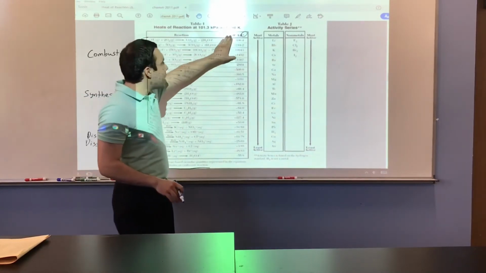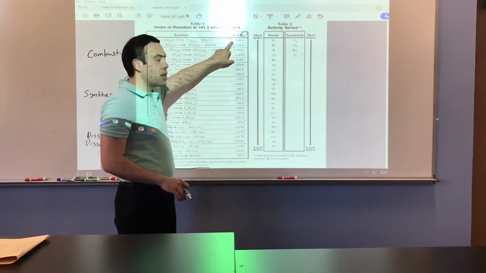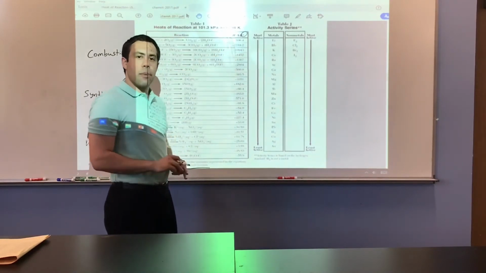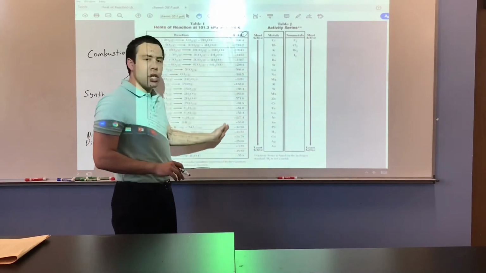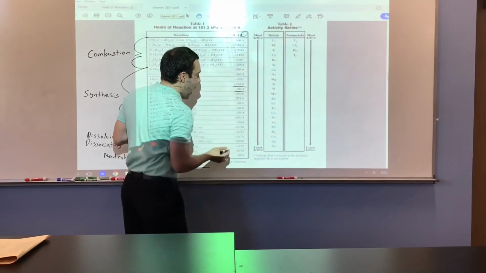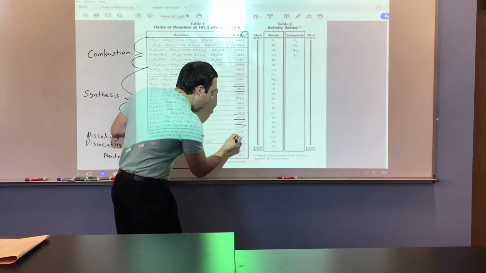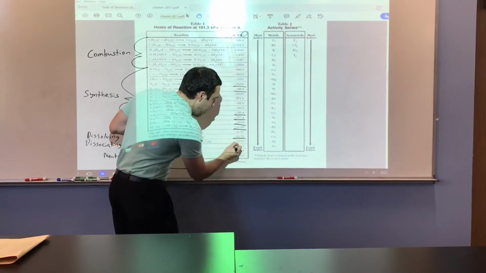So when you look at the delta H values, if there's a negative sign, it's an exothermic reaction. Most of these reactions are exothermic. There are some endothermic reactions. An endothermic reaction would be represented by a positive sign.